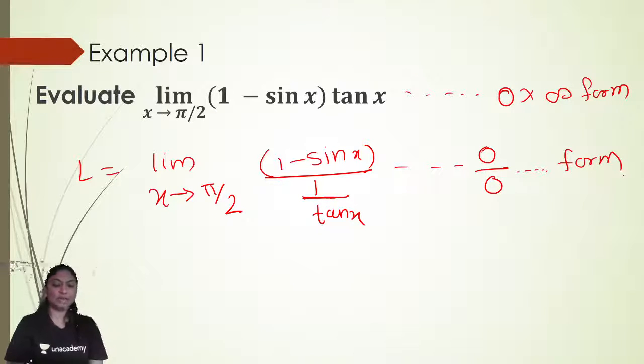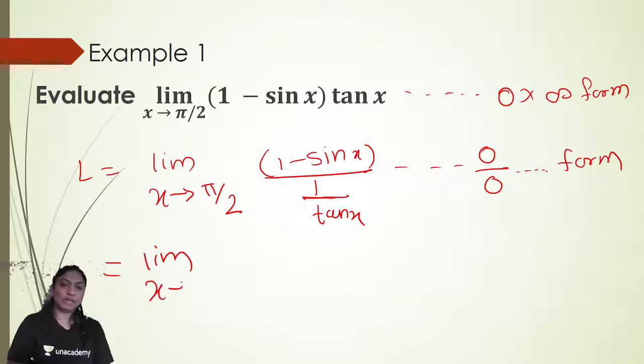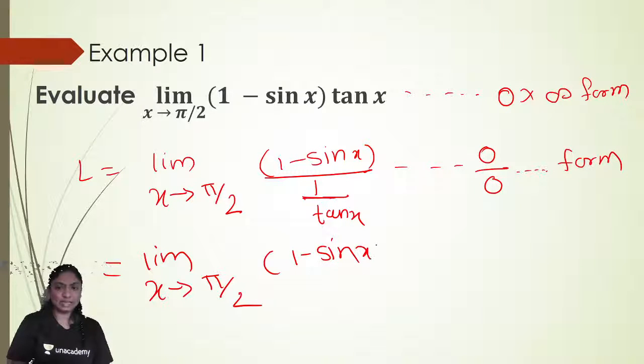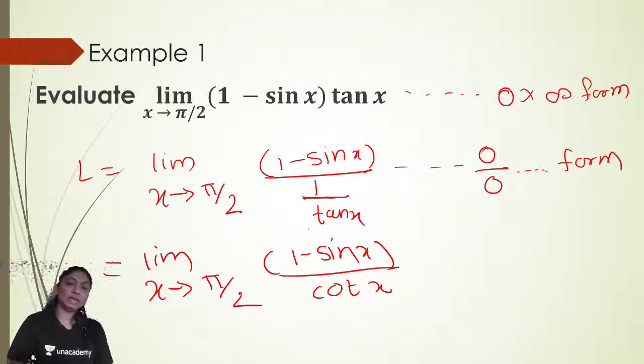Now we can evaluate this 0 upon 0 form by using L'Hospital rule. 1 upon tan x is nothing but cot x, so we have the limit as x tends to pi by 2 of (1 minus sin x) upon cot x.